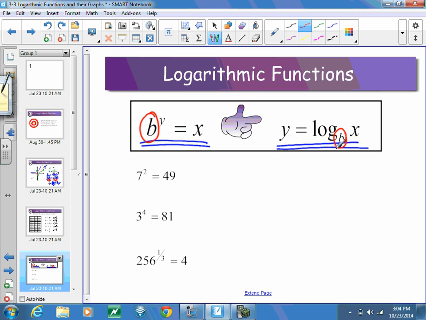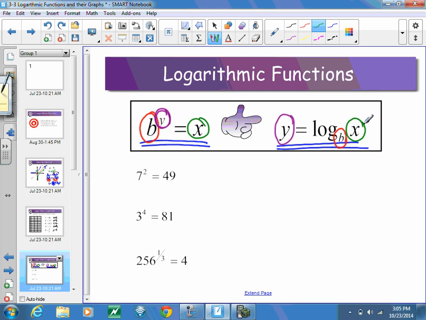It's going to be that subscript that gets tacked onto your log here. And because when you're solving for logarithms, you're solving for the exponent, which is our y, this is why we have our logarithm here equal to y. And then lastly, this value of x here, that's what we're going to take the logarithm of.